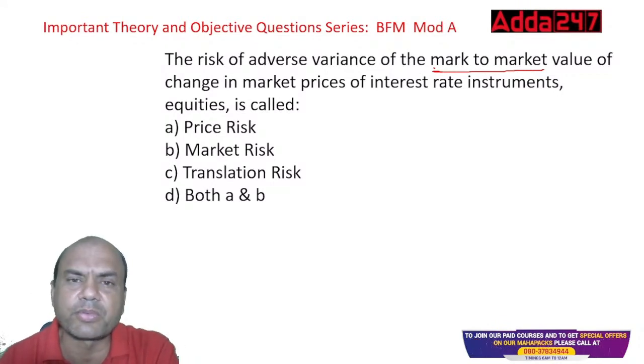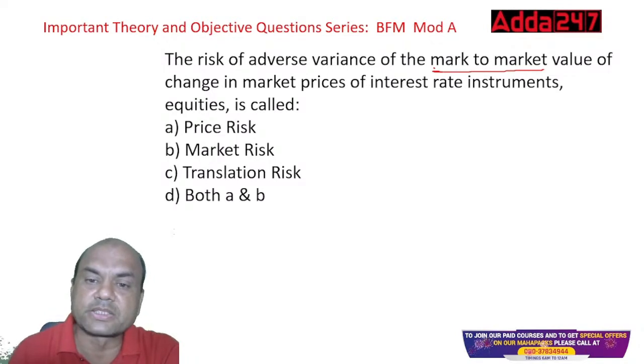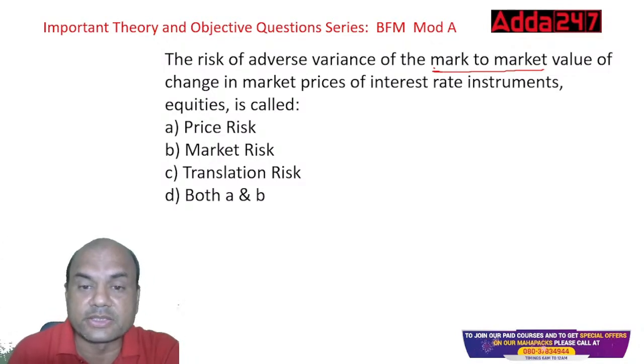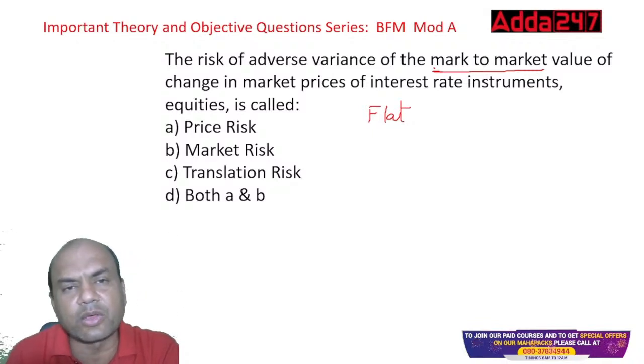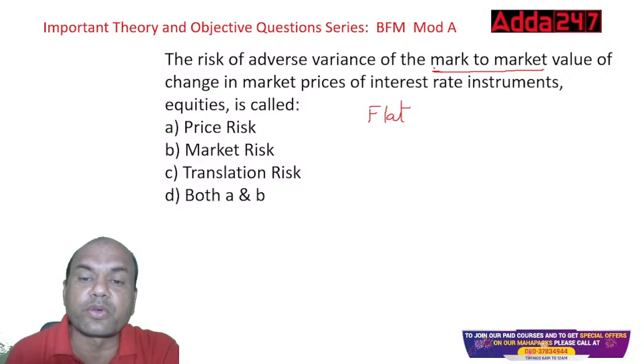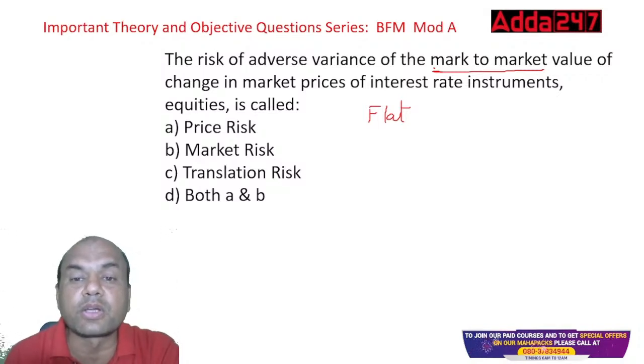Suppose you have purchased a flat for staying. You won't be selling it now because you are staying in it, but you get daily rates for it. Some brokers come to you and say, sir, the flat you bought at 30 lakhs is now worth around 50 lakhs.